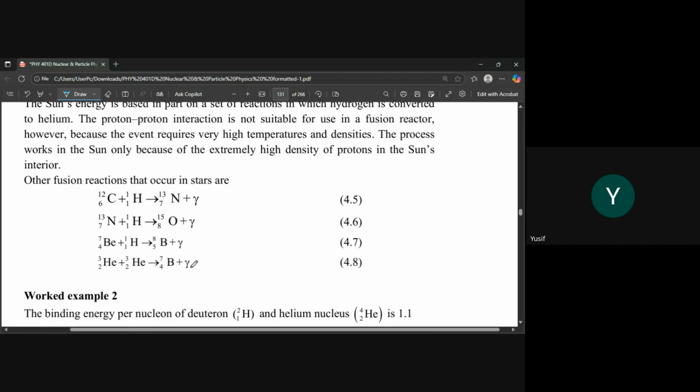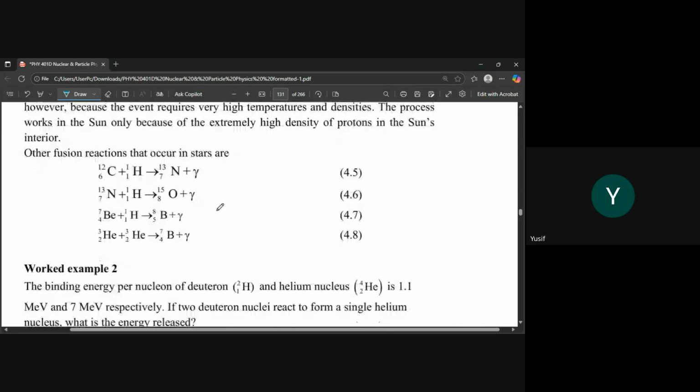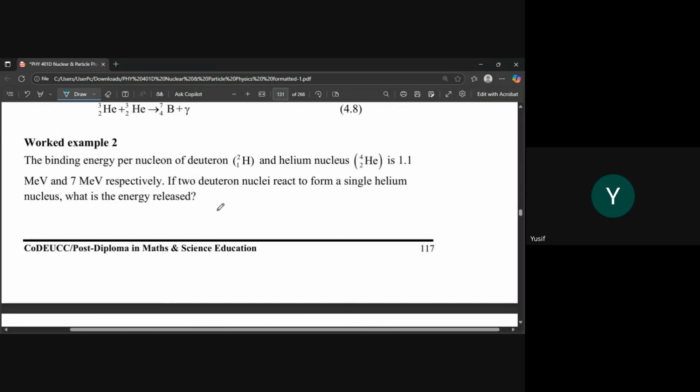Which means in any nuclear fusion, you have a photon, or a gamma radiation, produced at the end of the reaction. Okay. Now the binding energy per nucleon of deuterium and helium is 1.1 mega electron volts and 7 mega electron volts respectively.